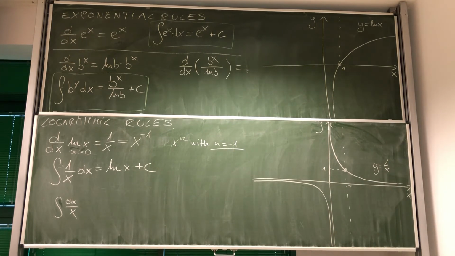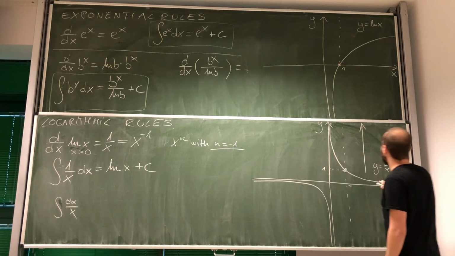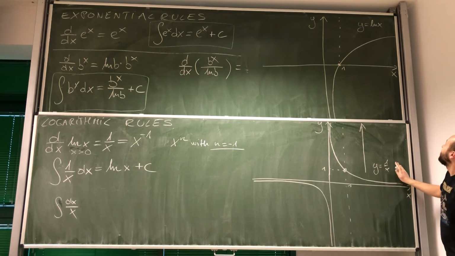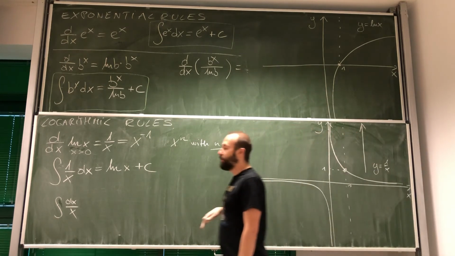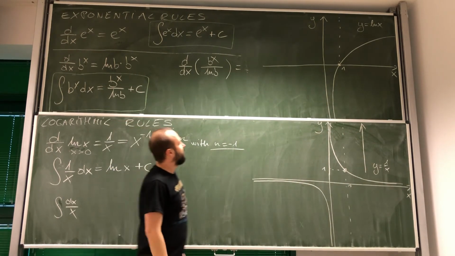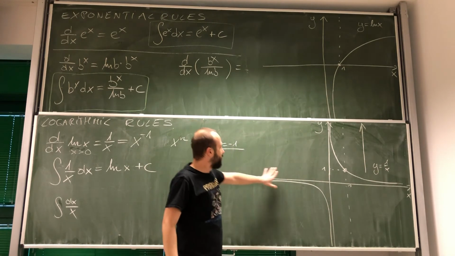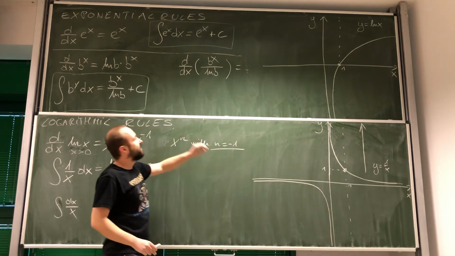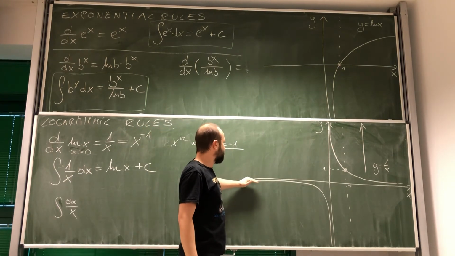Okay, so look, what we know for sure is that if x is bigger than 0, then the integral of 1 over x is this: y equals ln x. Now, we need to have something that will work also over here. And look, we know that this function is depicting the derivative of the natural logarithm. So how should this function look?